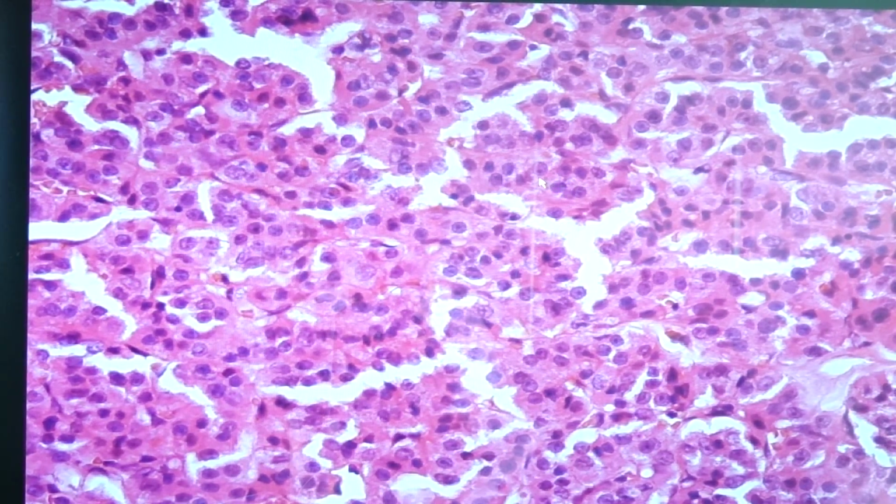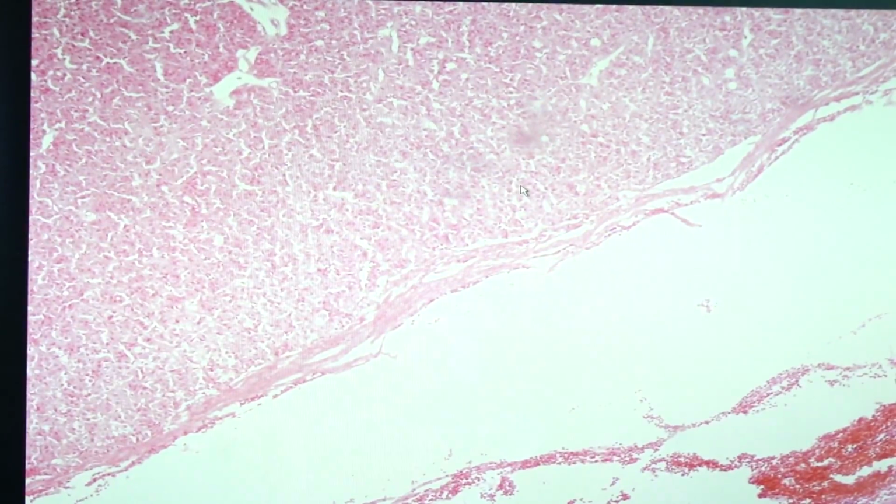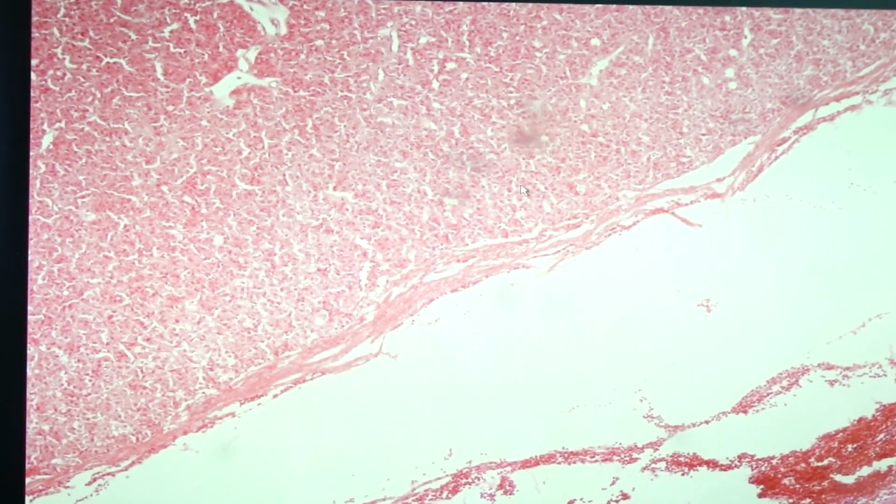They look like the normal cells, the normal thyrocytes, but this is identified by the presence of encapsulation. So this is a thyroid follicular adenoma.